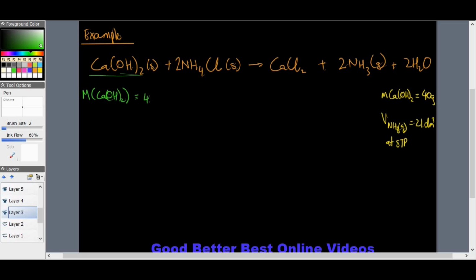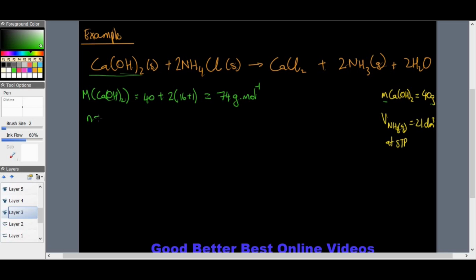Well, its calcium is 40 plus, because of the 2 subscript at the bottom there, OH is 16 plus 1, so that's technically 17. 2 times 17, that gives us a molar mass of about 74 grams per mole. Now, as I said earlier, they've given us the mass in grams of the substance. So shouldn't we calculate the number of moles?